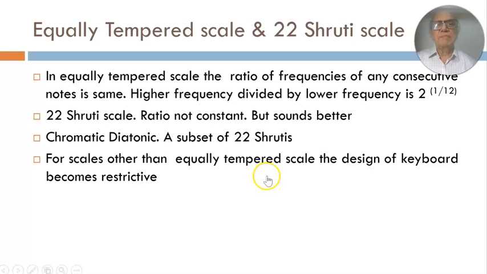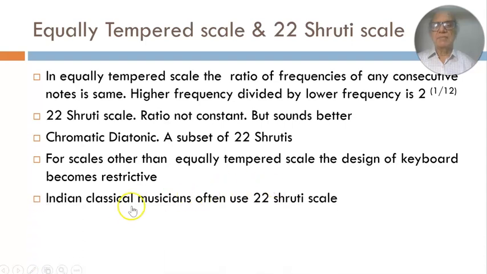Of course, if you build an electronic synthesizer, then it will be easier to do it for 22 Shruti as well. However, for physical instruments, it will be very difficult to build an instrument which works in any key. In fact, it's not possible. So that is the difficulty, and that is the reason why the equally tempered scale is so widely used. However, 22 Shrutis are something that Indian classical musicians often use. So its study is important, and we'll see how this scale arises.